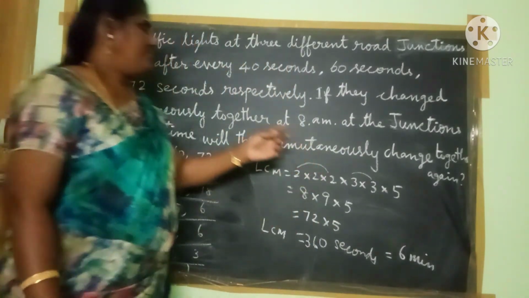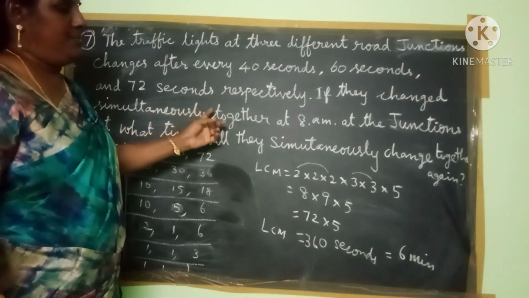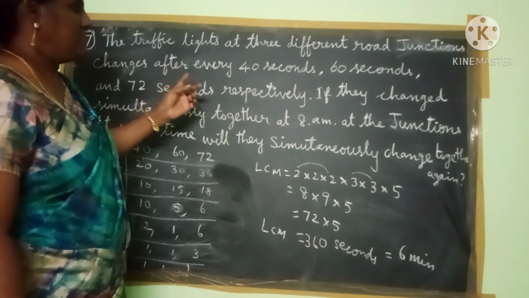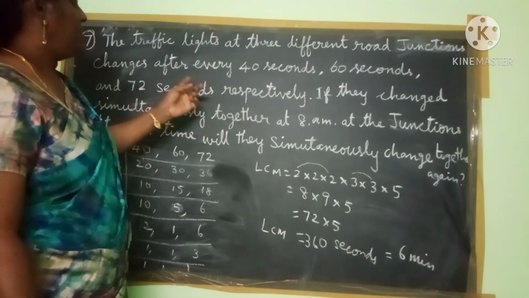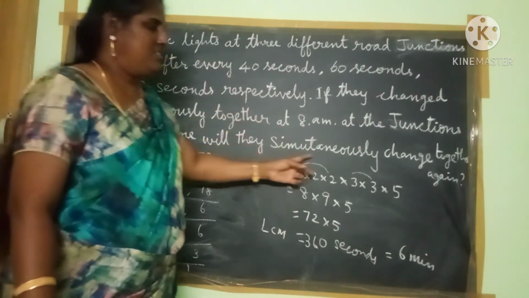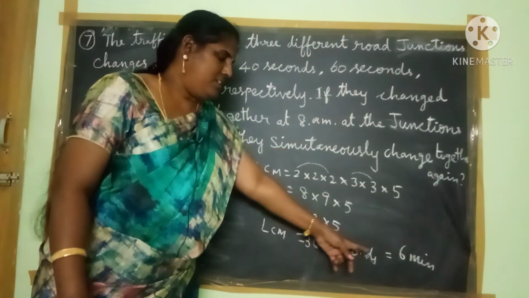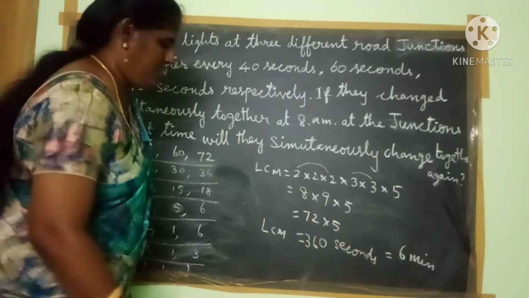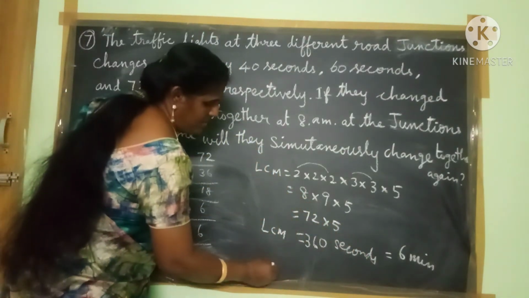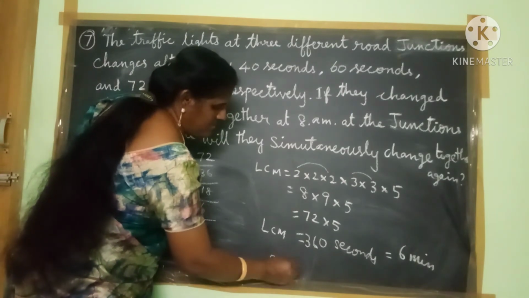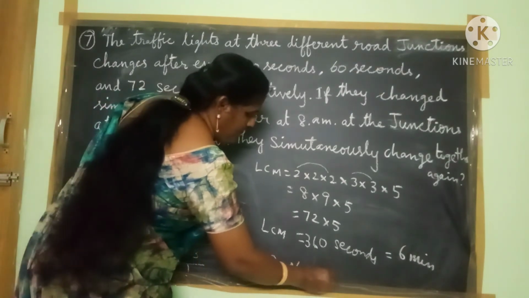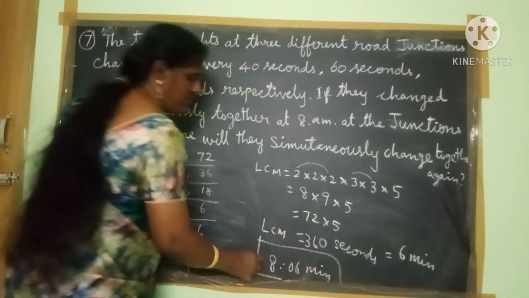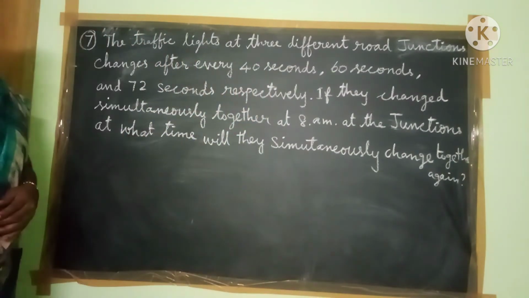Therefore, after 8 o'clock, the traffic lights will change simultaneously together after 8 plus 6 minutes. Very good. What's the time? 8 o'clock 6 minutes.